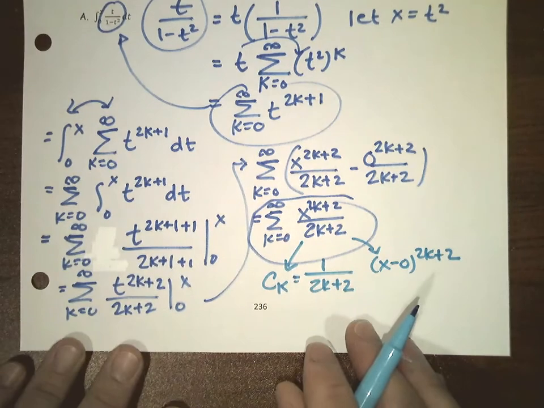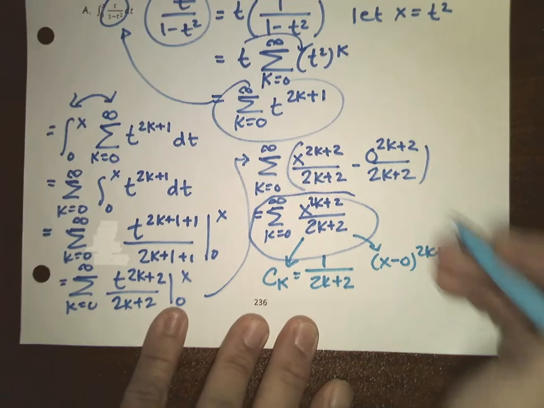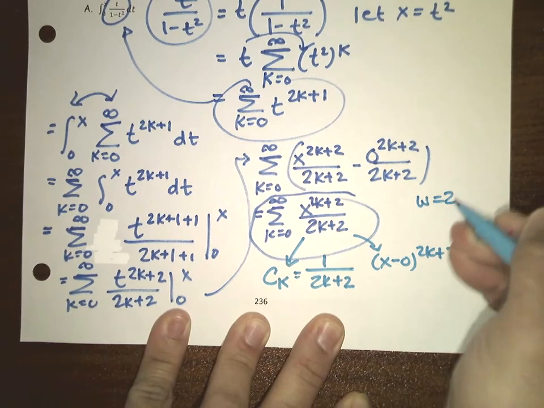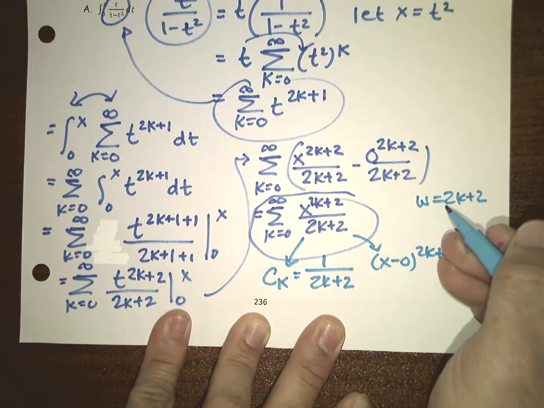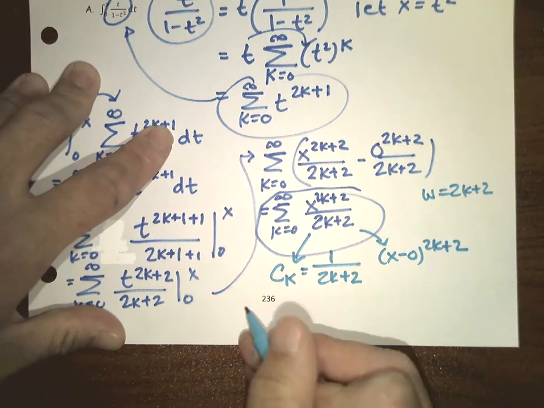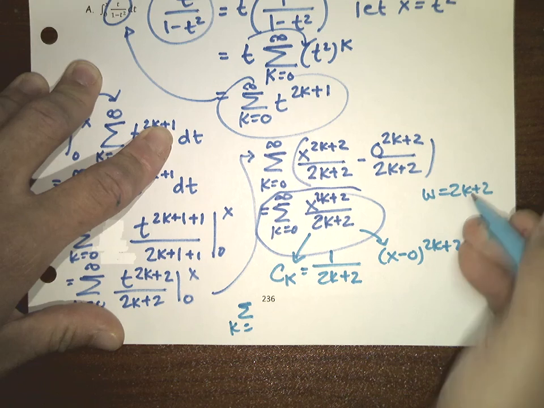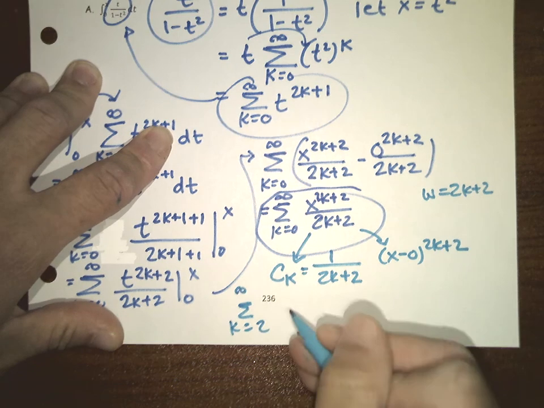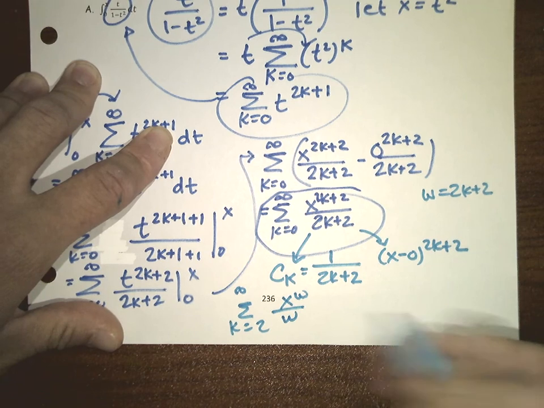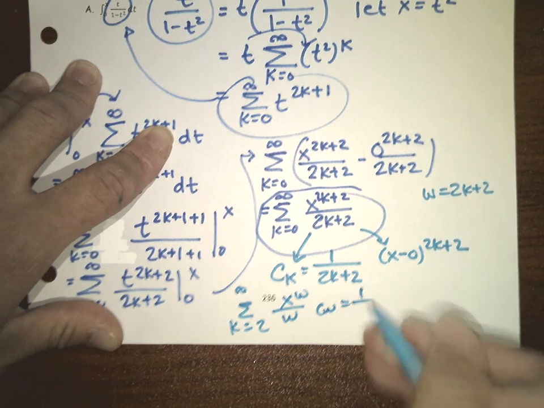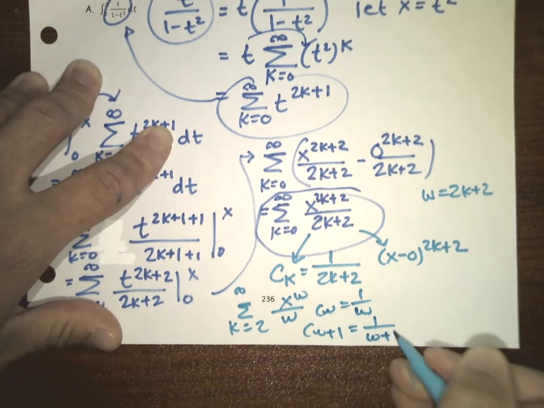So just remember that we can use w equal to 2k plus 2 again. And so then we have a series starting from, well, k is 0, w is 2, so from 2 to infinity of x to the w over w. So then c_w is just 1 over w, and c_(w+1) is 1 over w plus 1.